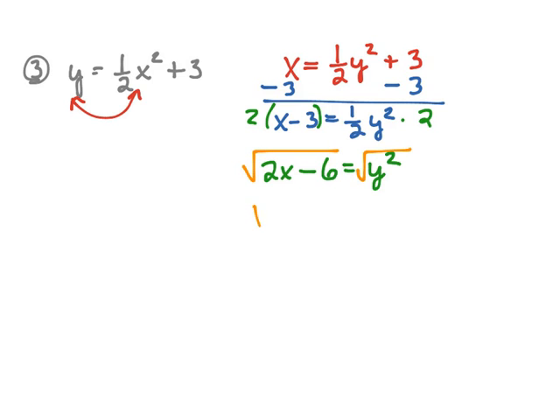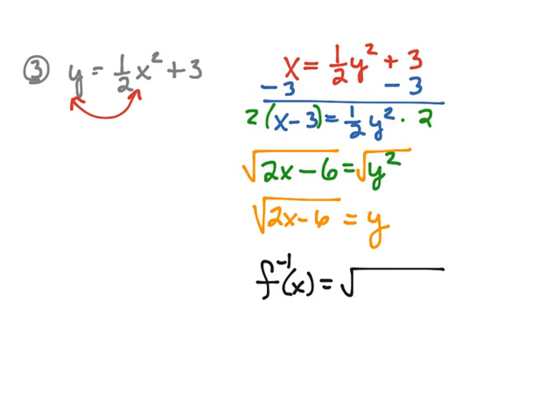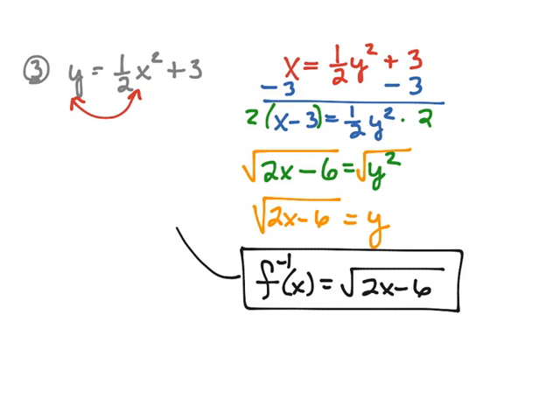So if I take the square root of both sides, I end up with the square root of 2x minus 6 equals y. At this point I am done, but I'm going to use the proper notation. So the notation for inverse is f of x with your little negative 1, and the square root of 2x minus 6. So this is the inverse of this quadratic.